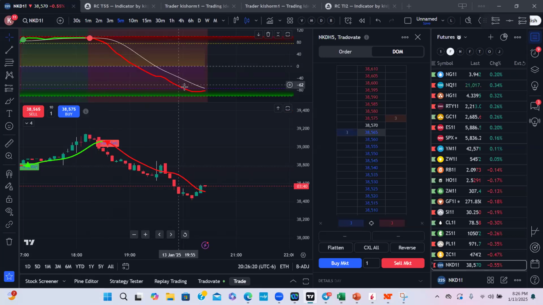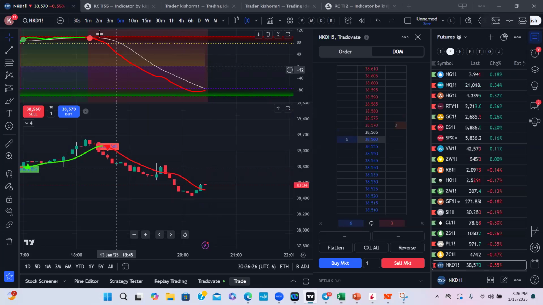But now it came all the way to the bottom, so it may go a little bit up, and again it will drop. But when you see a big gap, then that is the best time, right? Either you take here, or whenever you get a green candle, you can again enter short.